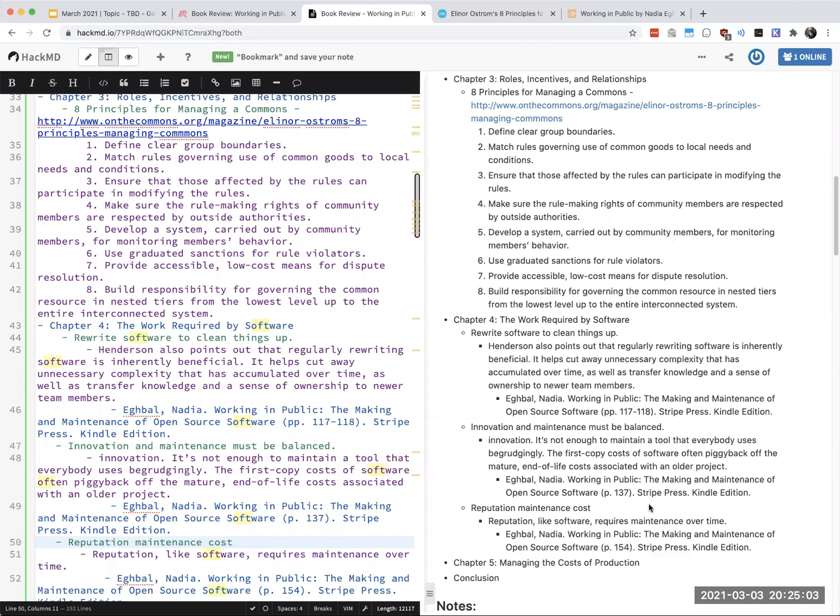And I think that's true also with a cooperative. There's maintenance on the reputation, that there's a cost to that, and that needs to be known. And if you care about it, then you need to take it into consideration, just like any other. You could have technical debt around that.